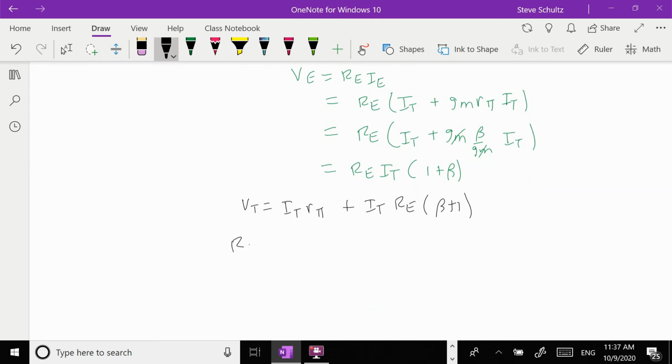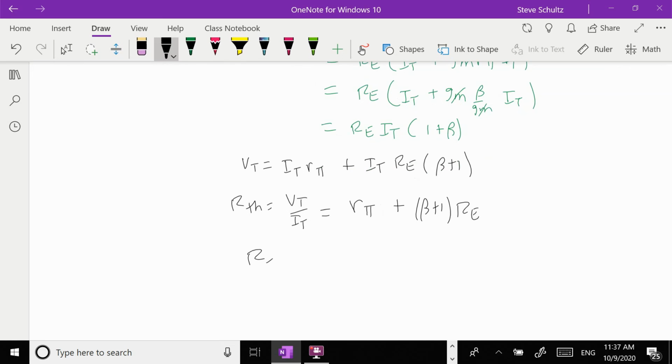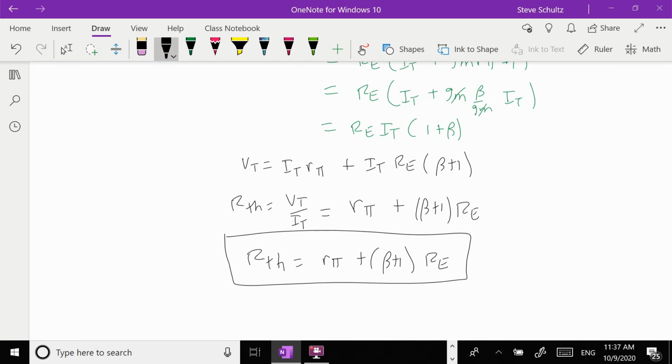And then our R Thevenin is equal to VT over IT, which is equal to R pi plus beta plus 1 times RE. And so then we are done. And there is our answer, and we are done.